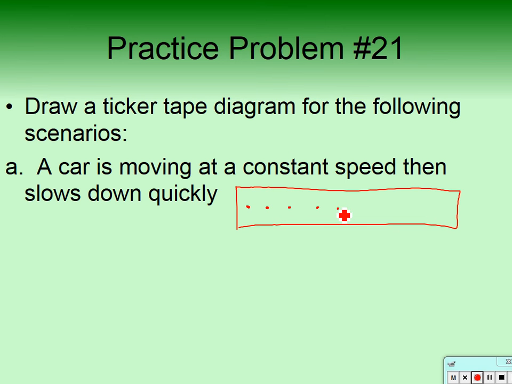Yeah, we need to get them closer together. And so it slows down quickly, so it comes to almost a stop very quickly. So to about right here, that's constant speed. And then from here, it decelerates very quickly. Something like that. Hopefully you drew something like that.